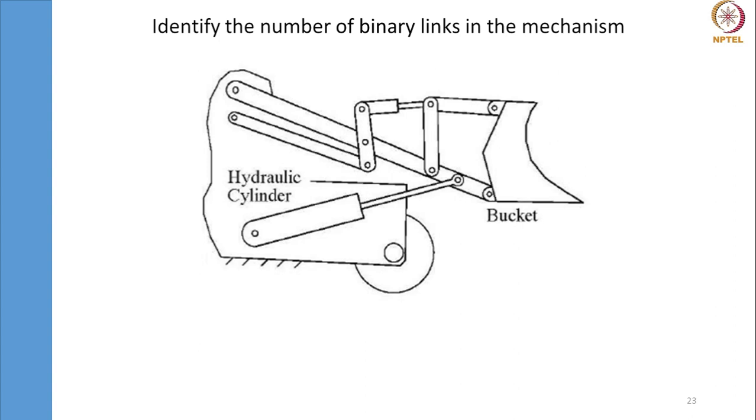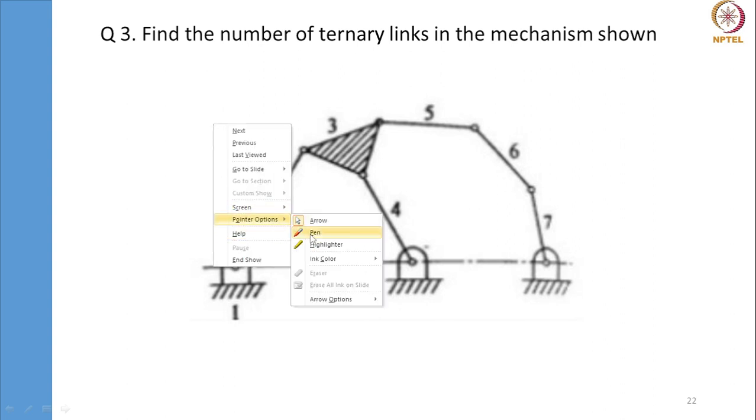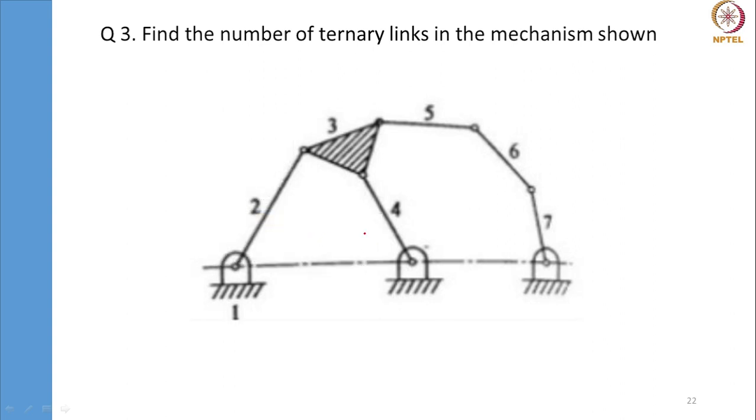Sir, can you explain the previous problem? Okay. So ternary links are ones where the link is connected to more than two. So if you consider the link here, we have three links connected. So this link is considered to be a ternary link.